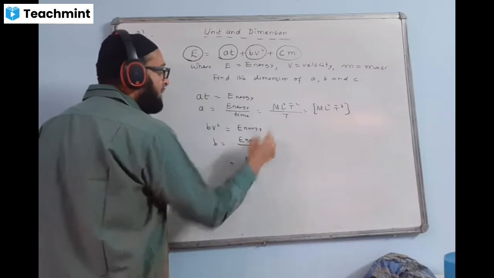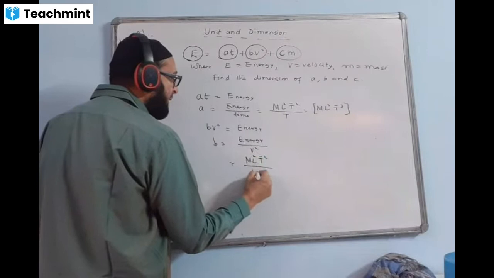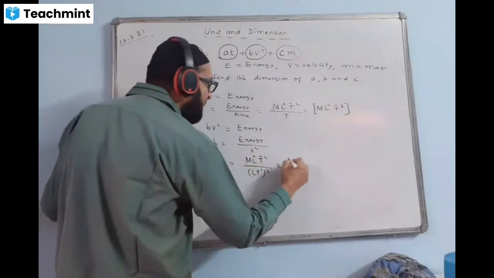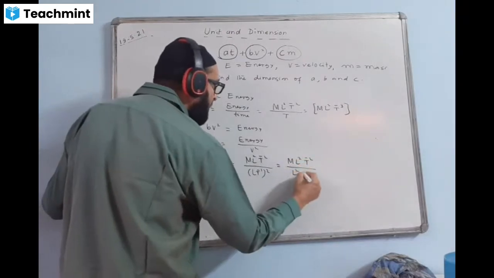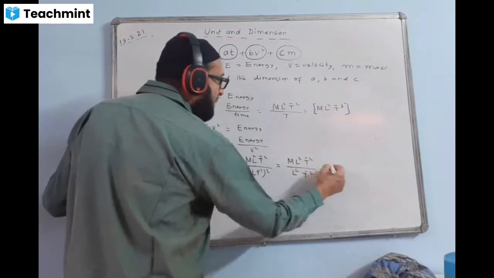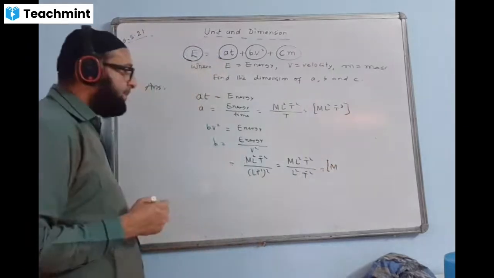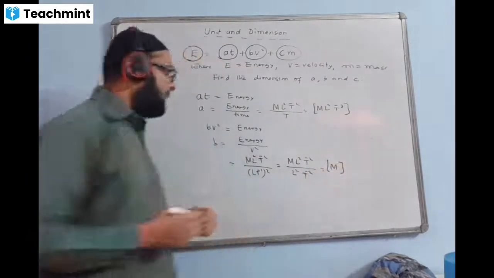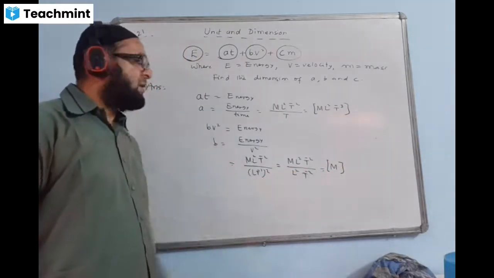Energy is ML²T^-2. V means velocity, and velocity means LT^-1. But there is a whole square here. Put the whole square and now simplify. ML²T^-2 divided by this value L²T^-2. What is your answer finally? L² cancels, and T^-2 also cancels. Your answer will come only M.